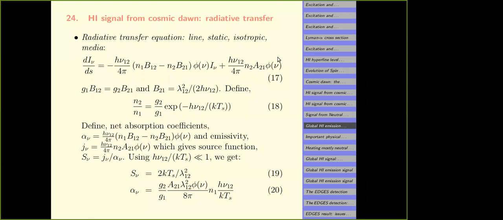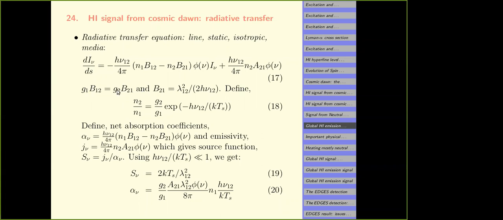Phi nu is what's called the response function, and again, I'll refer you to Rybicki and Lightman for its definition. Generally, it is normalized to unity, integrated over all frequencies, and it takes various forms. For an expanding universe, it's much simpler. If you have natural decay or Doppler width, then phi nu can have more complicated forms. But I will not even discuss what phi nu is here, as I'll not need it for what I'm going to say next.